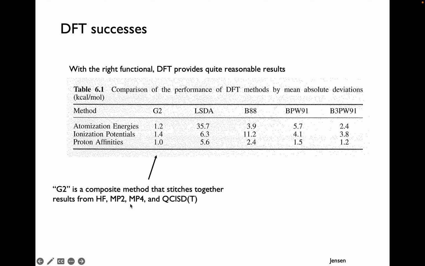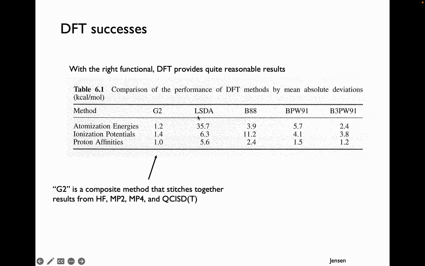These wave function methods summarize the accuracy from these levels of theory, including Hartree-Fock, second-order perturbation theory, fourth-order perturbation theory, and CI singles doubles with perturbative triples, and these Q corrections. So this is some approximation to CI singles, doubles, triples, and quadruples, but it's not exactly that. So anyway, these are considered reliable benchmarks, and you can see some functionals.